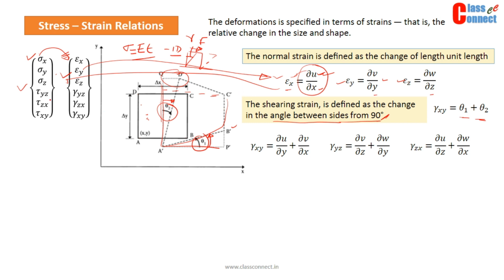So now we can connect this and this, because in 1D we connect them with the modulus of elasticity. If we want to connect the 6 stress components with the 6 strain components, it will be equal to some matrix, and the size of that matrix should be 6 into 6, so that we get 6 into 1 here, and finally 6 into 1 is the size of the stress matrix.